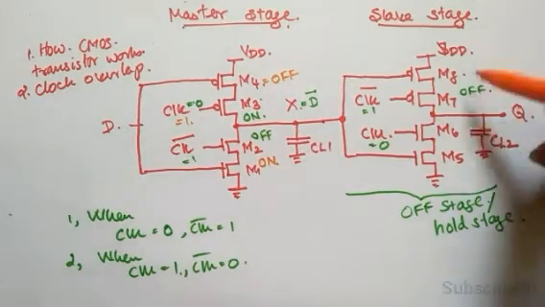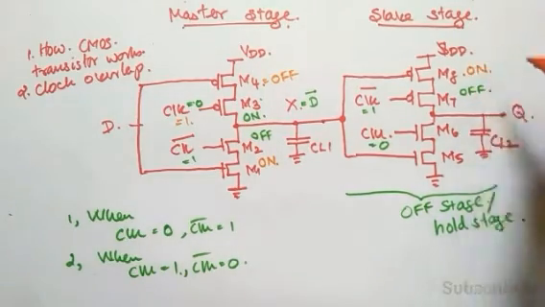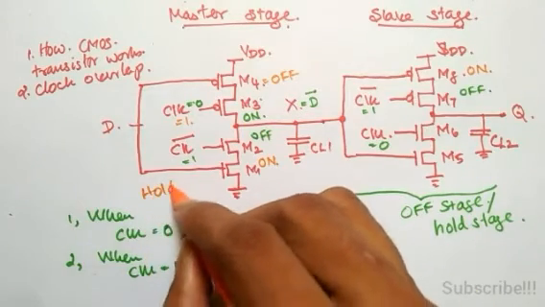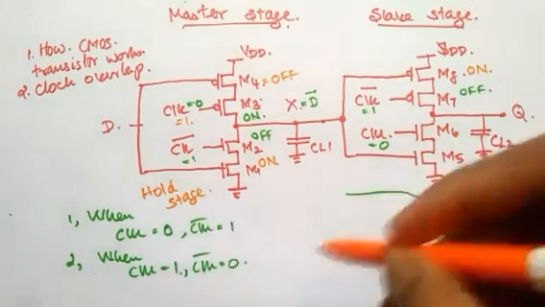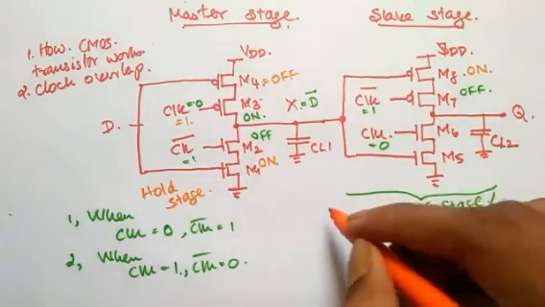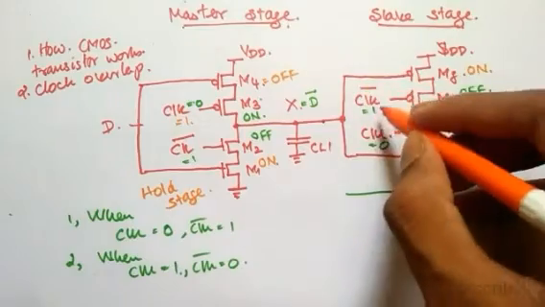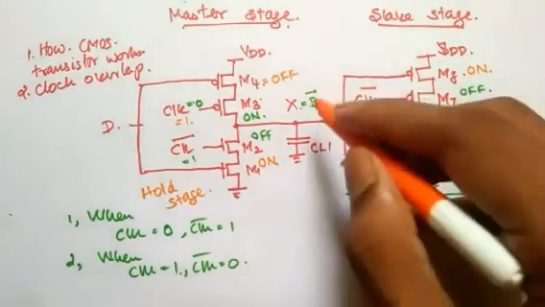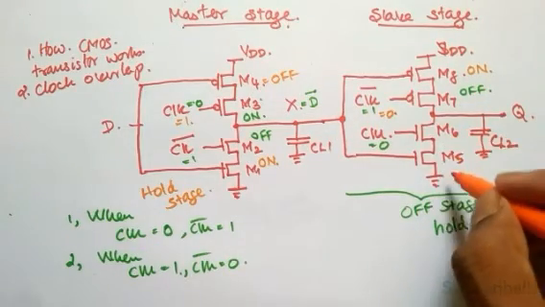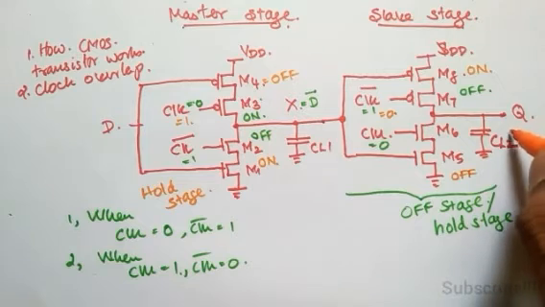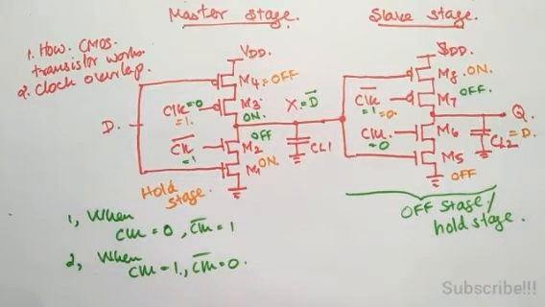So the transitions take place in only the slave stage, where M7 and M8 will be on. So the output from the master stage is fed as the input to the slave stage. So it acts as an inverter and gives an output to the Q as D.